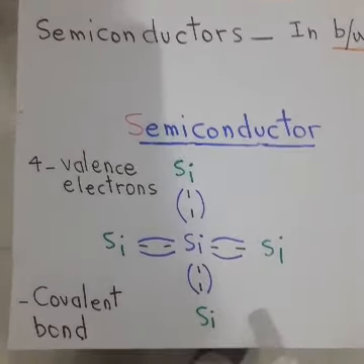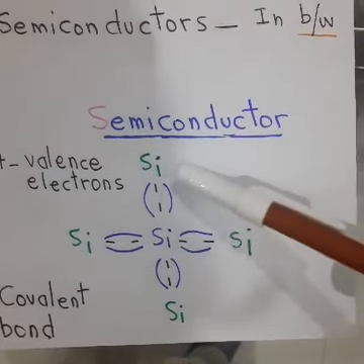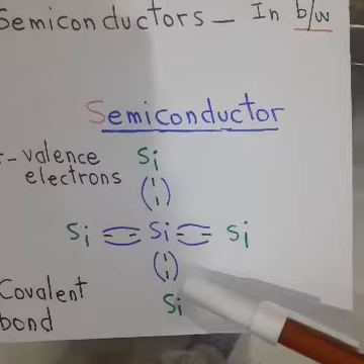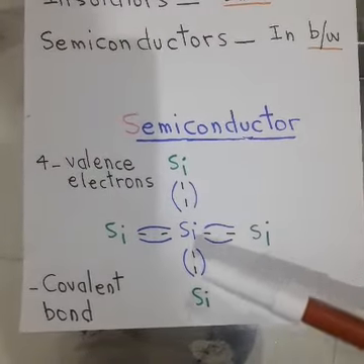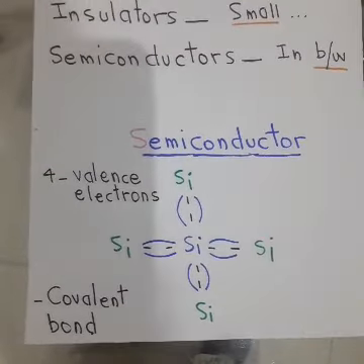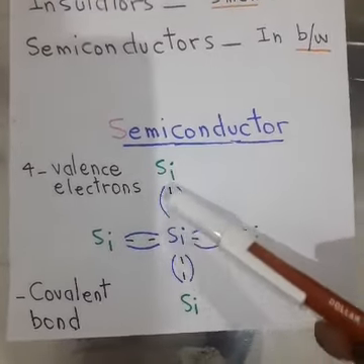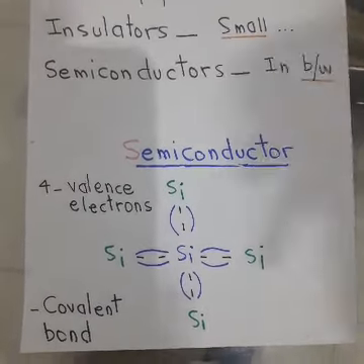Silicon has four valence electrons in its outermost shell. Each silicon atom makes covalent bonds with four neighboring silicon atoms.